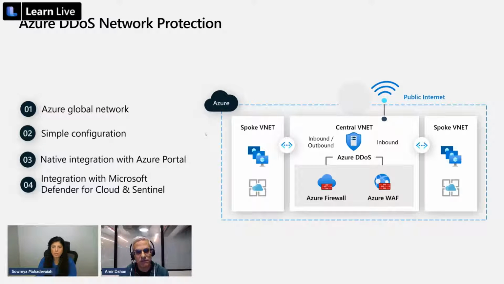You don't need to worry about whether the firewall is protected or the load balancer or my VMSS cluster or my Azure WAF or whatever. We do that for you because we know to identify the resources automatically and apply detection, mitigation, as well as monitoring analytics as logging for them.